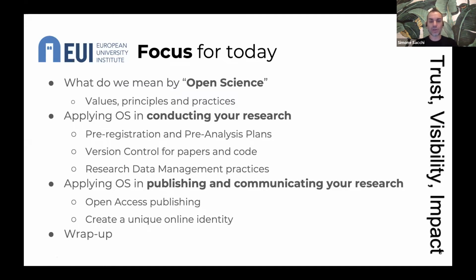We created two main sections here. One is about practices that you would want to follow while you are conducting your research. And the second part is about how you actually communicate and publish your research when you are ready. I'll start with the first section, and Lotta will take up the second one. And then we'll have a little bit of a wrap up at the end.